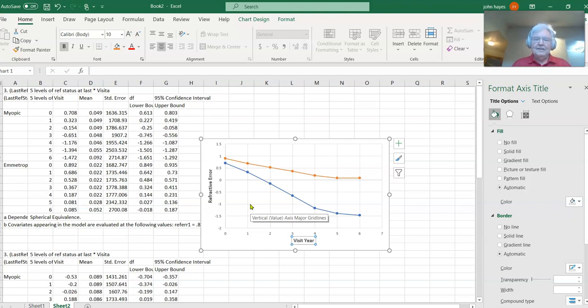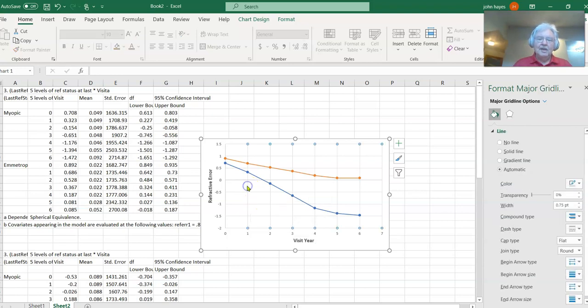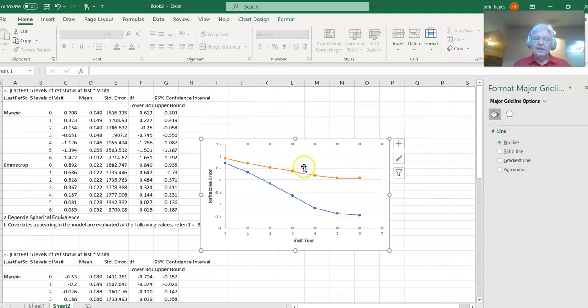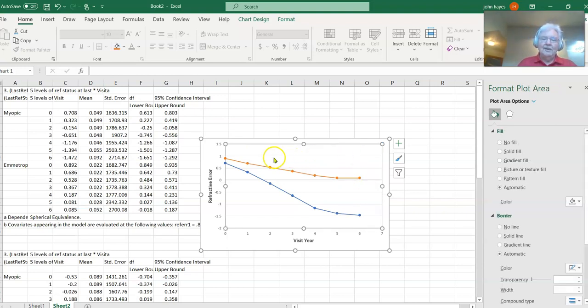So they also do not like grid lines. So grid line options are none. Now, they particularly don't like vertical ones, but horizontal ones I think tend to be okay. We're going to add a few more in later, but not right now.